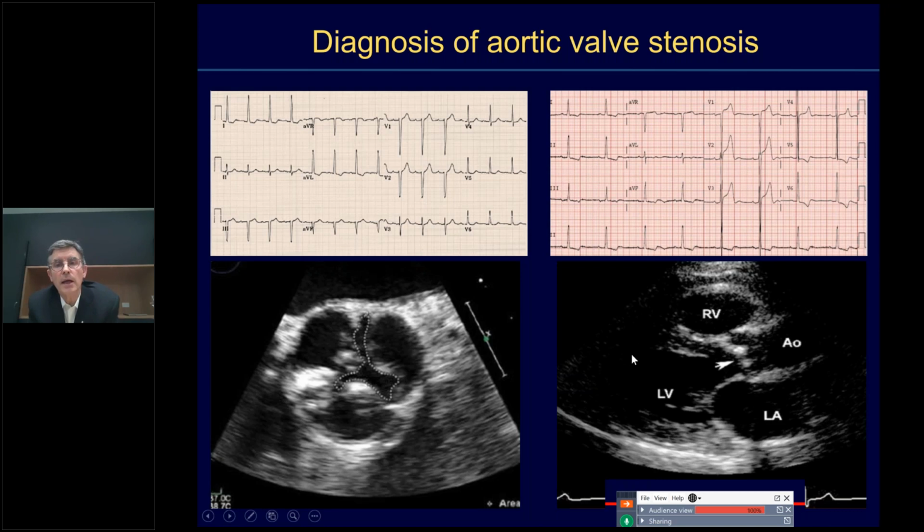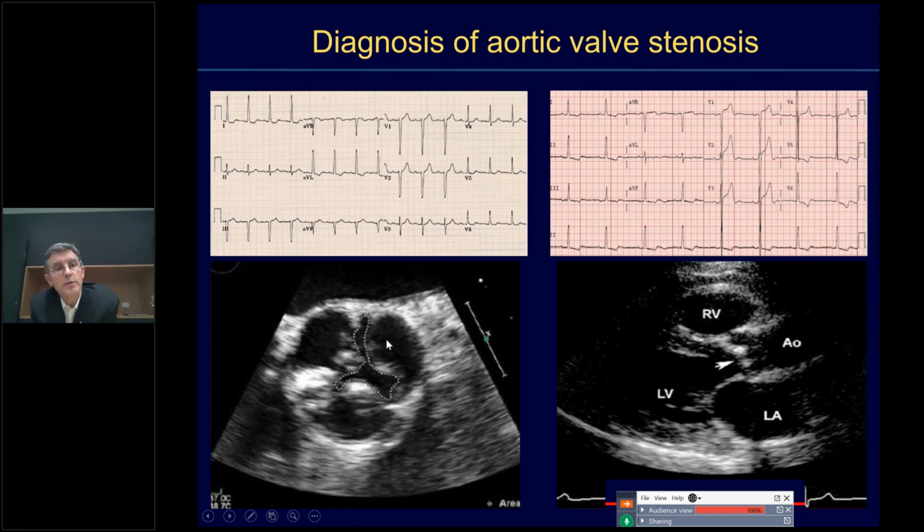In terms of echoes, you will know that there's a couple of ways of measuring that. David's alluded to some of them. This is the aortic valve here. You can measure the gradient across that valve. You can look at the motion of the aortic valve in cross-section. And then in actual cross-section of the valve itself, you don't always get pictures as nice as this, but you can actually planimeter the area of the valve when it's fully open.